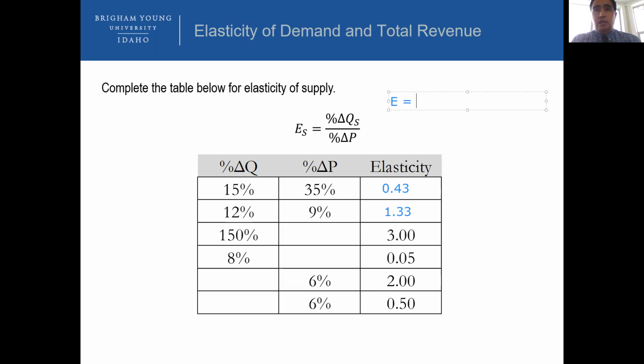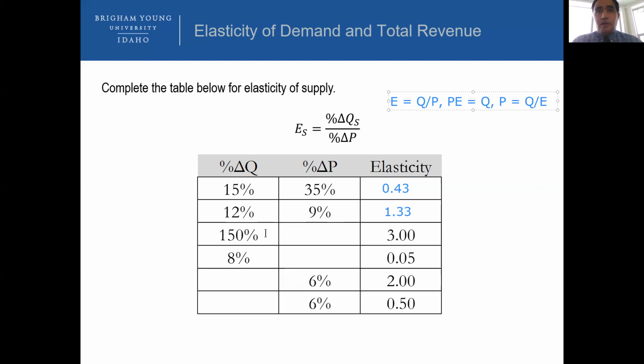If E is equal to Q divided by P, and we want to solve for P, we multiply both sides by P. So we get PE is equal to Q, and then we divide each side by E. That gives us P is equal to Q divided by E. And we can use that formula because we have two knowns and one unknown, and that will tell us what these are.